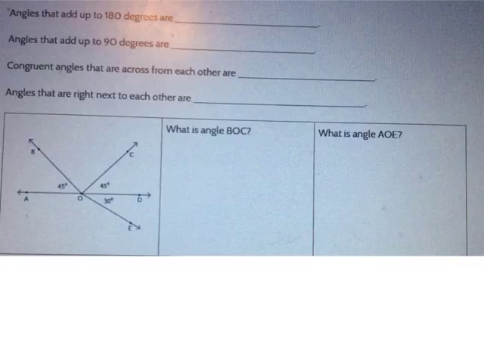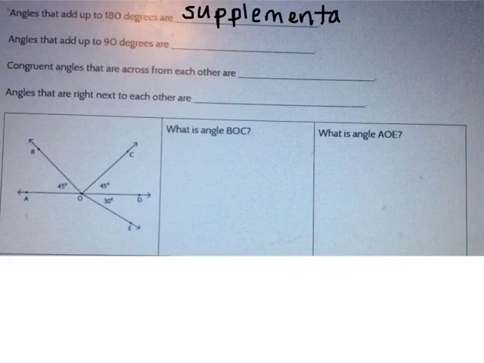First, let's get some vocabulary. Angles that add up to 180 degrees are supplementary. Write that down on your paper. Supplementary. Angles that add up to 90 degrees are complementary.